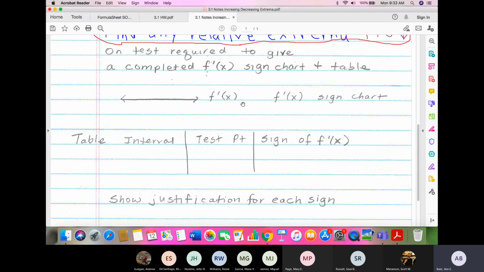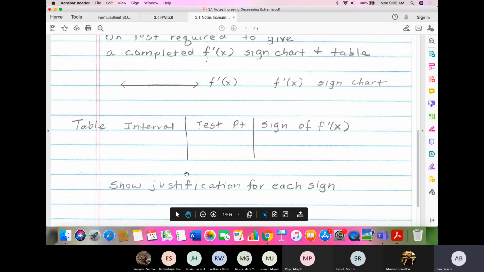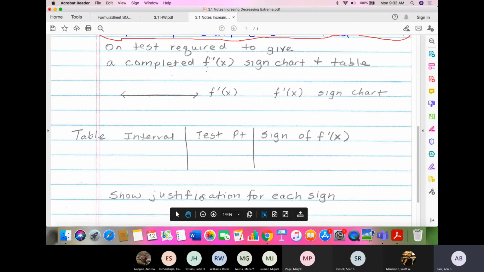This is the sign chart right here. This is the table. And remember to show justification for each sign, which we're going to do. So I'll give you a couple minutes to copy that down so you can follow along with what we're doing as I present some problems.